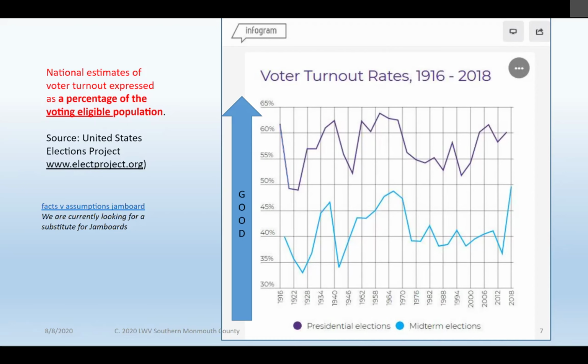So if you look at this, what is one thing you can know for sure by looking at that graph? People vote in presidential elections. More people do, yes. What else? There's like a 20 plus difference between the two. Roughly. What else?